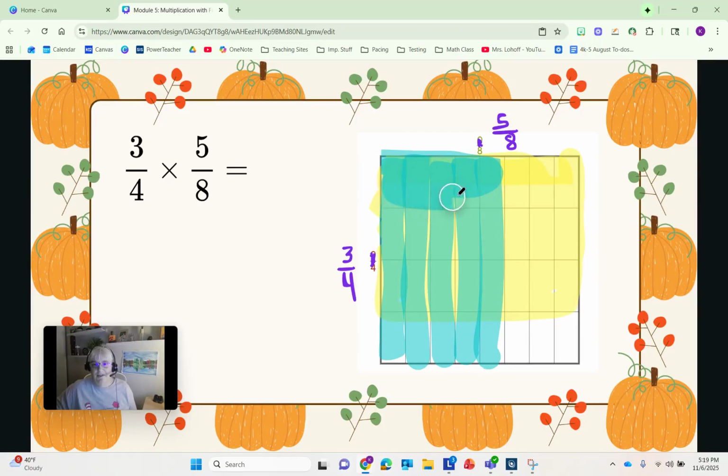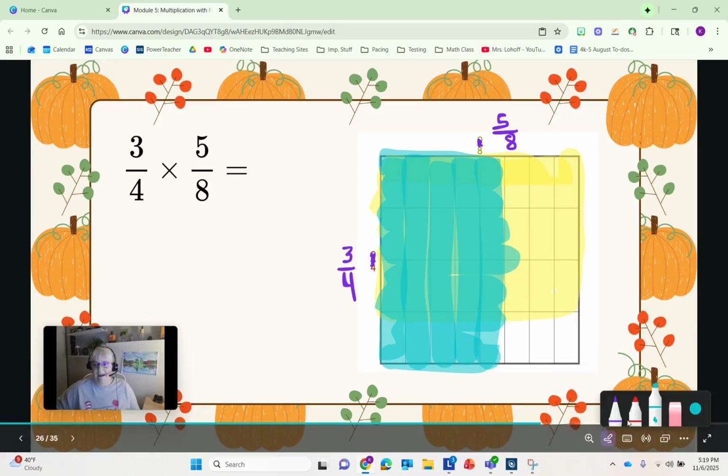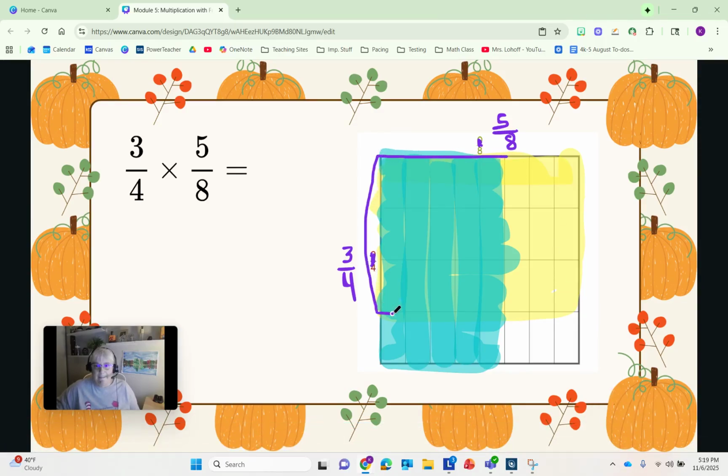Clean that up just a little bit. Okay. Now we have to look at where it overlaps. And that's our magic answer area. And the spot that it overlaps is right here.